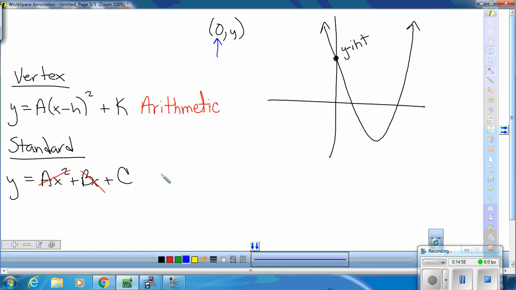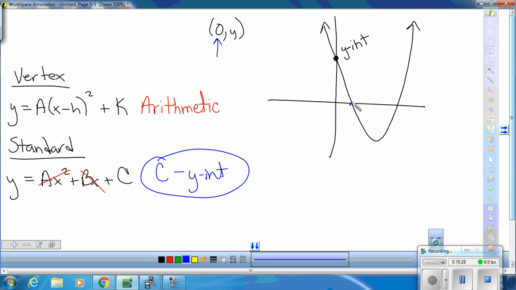So in standard form, c is the y-intercept. That doesn't work in the vertex form because we're taking the 0 and we're adding and subtracting something to it, so it's not just that number out there by itself. But with standard form, 0 times anything is 0. These just go away, and that means that c is the y-intercept. Finding the y-intercept is super awesome.